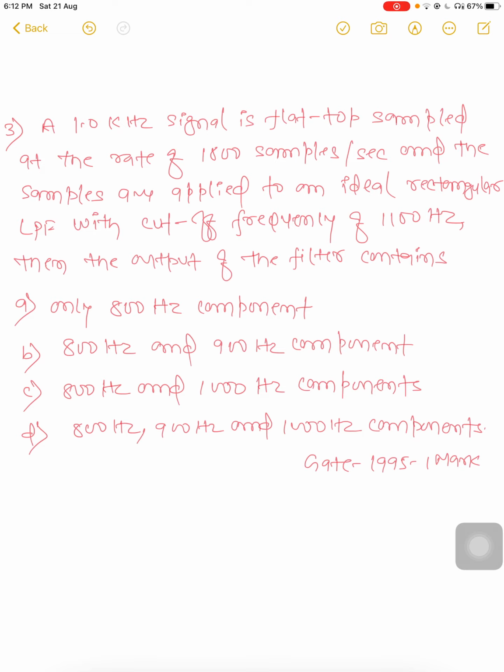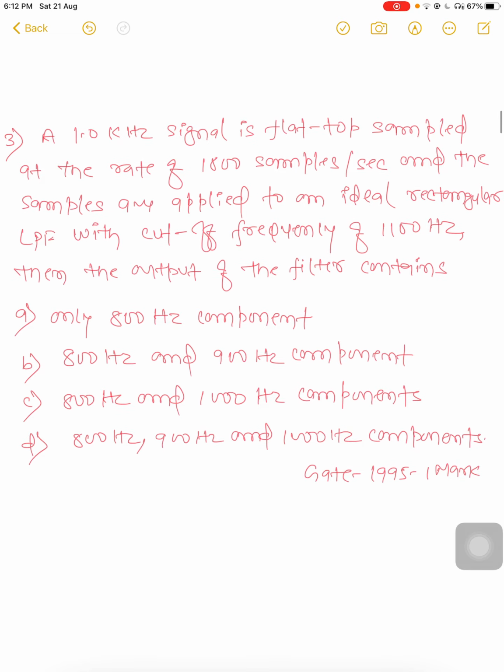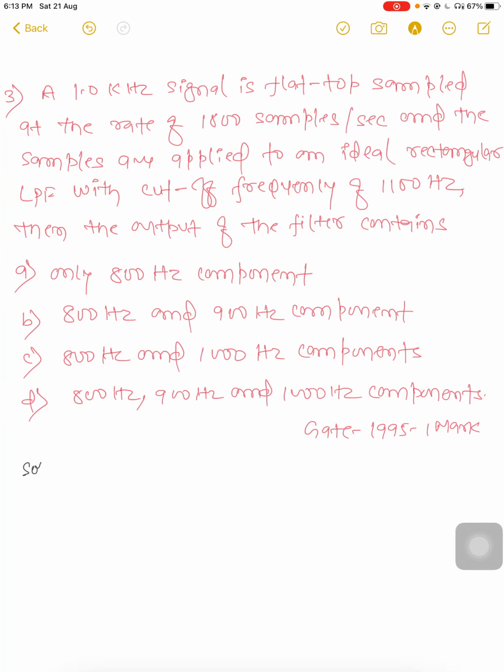Question number third. This question was asked in GATE 1995 for 1 mark. A 1 kilohertz signal is flat top sampled at a rate of 1800 samples per second, and the samples are applied to an ideal rectangular low pass filter with a cutoff frequency of 1100 Hz. Then the output of the filter contains.